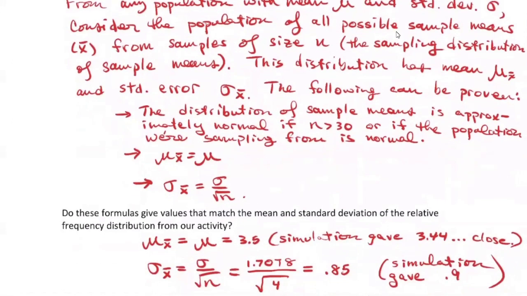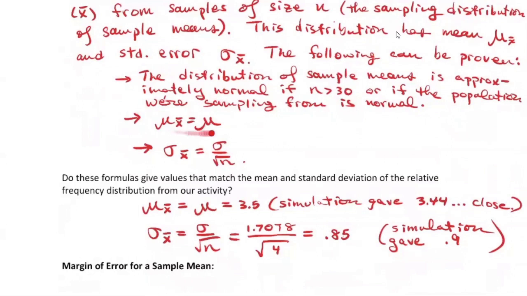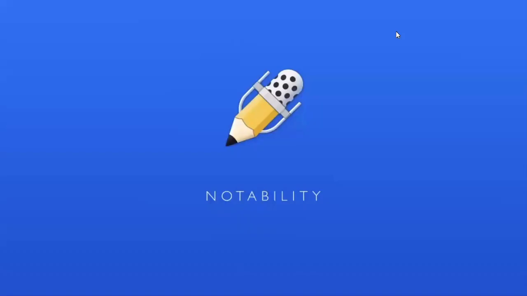So we're going to be checking the criteria for normality, but it's different now. Now the sample size needs to be bigger than 30, or you have to be sampling from a normal population. And the mean of sample means is the mean of the population you're sampling from. And the standard error is sigma over the square root of n. I think I'll copy that because we're going to be using it. And let's go into our lesson.